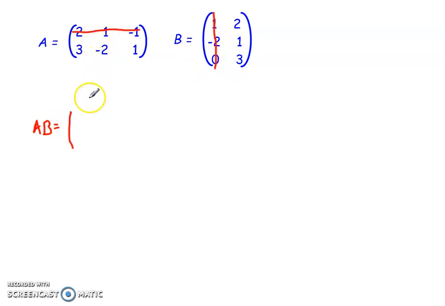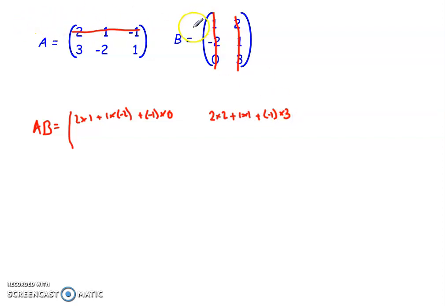So what that's going to give me is my first element is going to be given by 2 times 1 plus 1 times negative 2 plus negative 1 times 0. I've then got the first row times the next column, so times column 2, that's going to give me element 1, 2 in my solution. So that's then going to give me 2 times 2 plus 1 times 1 plus negative 1 times 3.